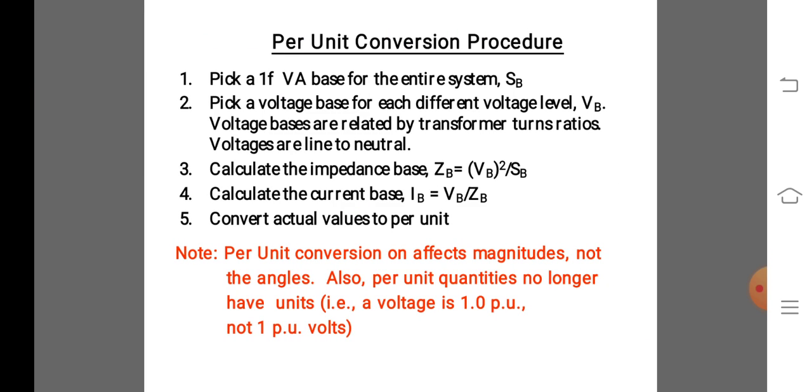Now, let us see per unit conversion procedure. Pick one frequency, voltage, amps base for the entire system, SB. That conversion and transmission of load, the ratio of actual energy produced to the maximum possible energy that could have been produced during a given period.